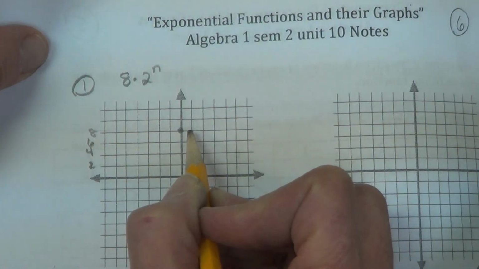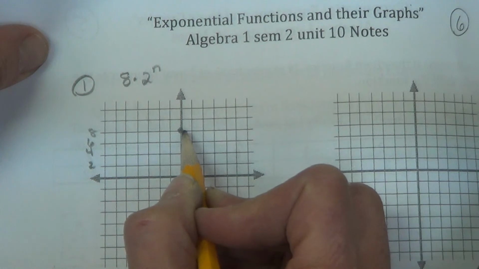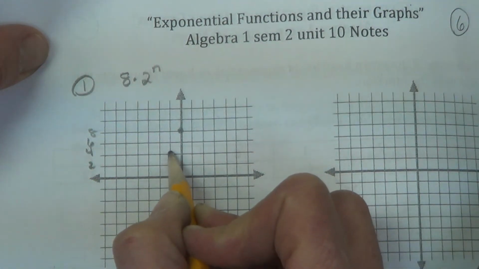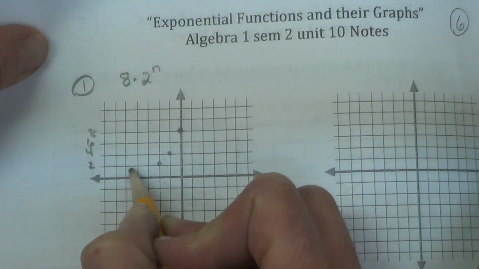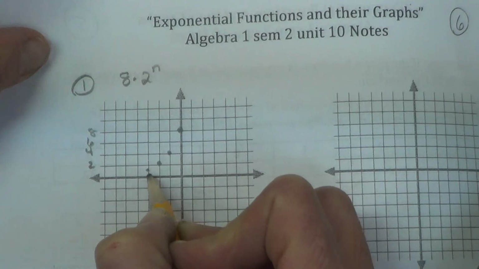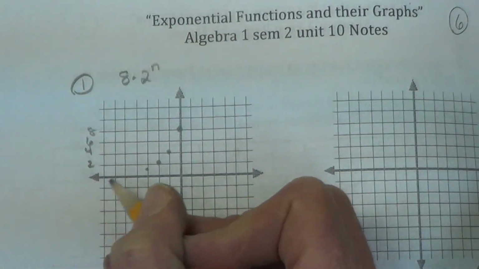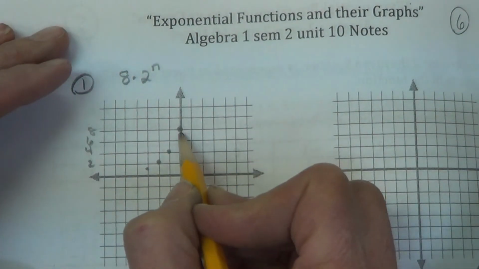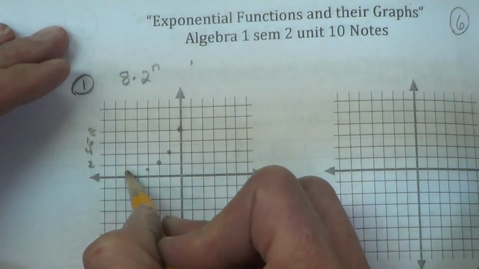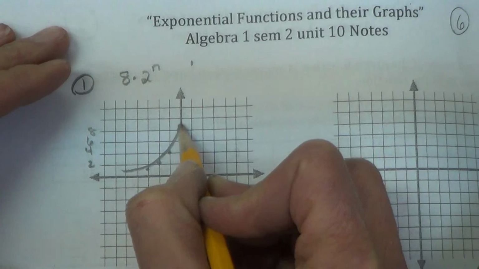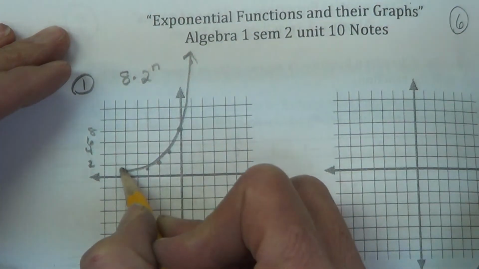And then at -1 I have 4. And at -2 I have 2. So you can see the curve. Each one going to the left is getting half as tall as the one before. Going to the right, it's twice as tall. So this one would be clear up there. And we get that nice exponential curve with that.